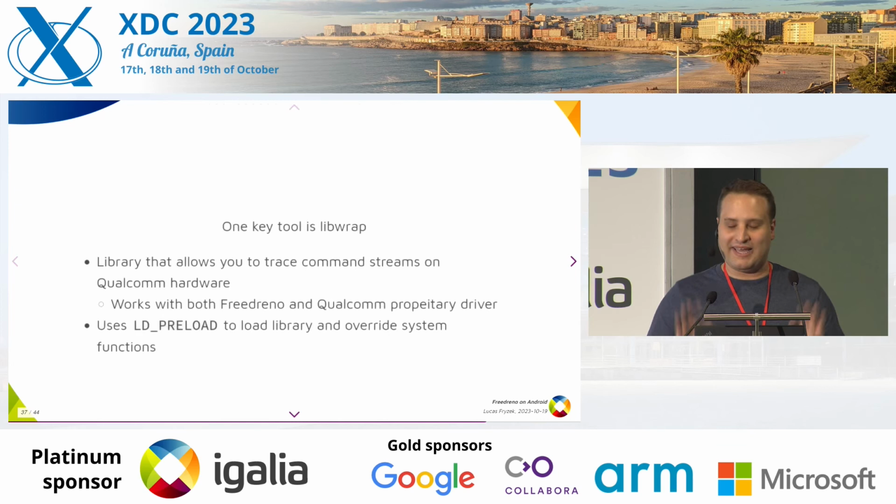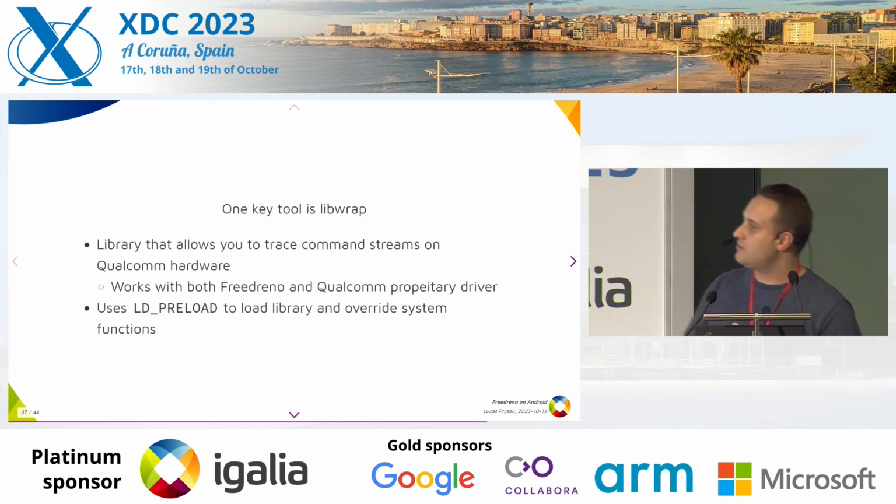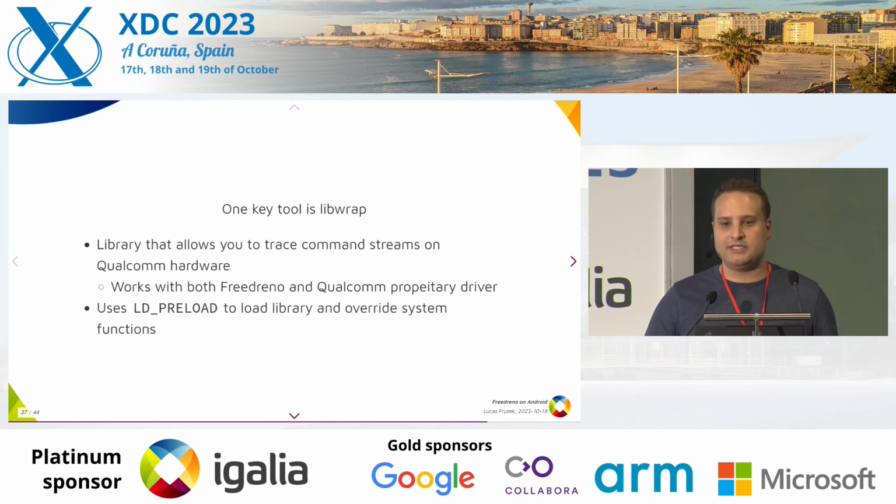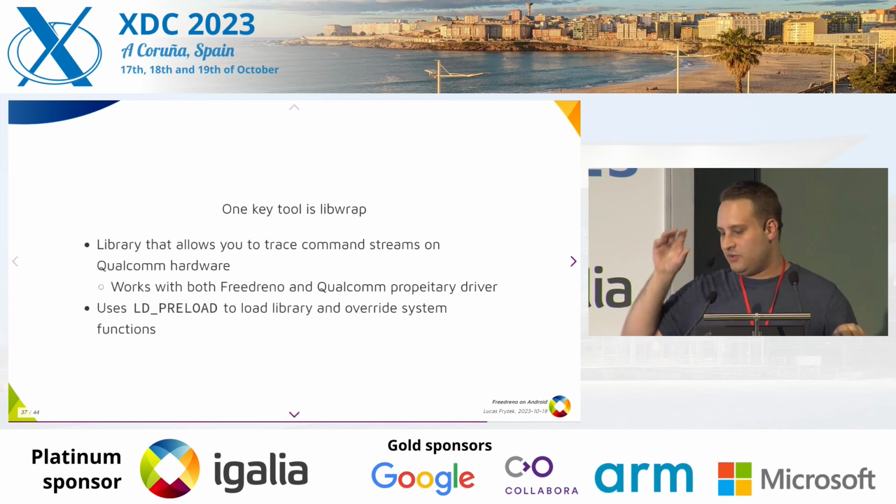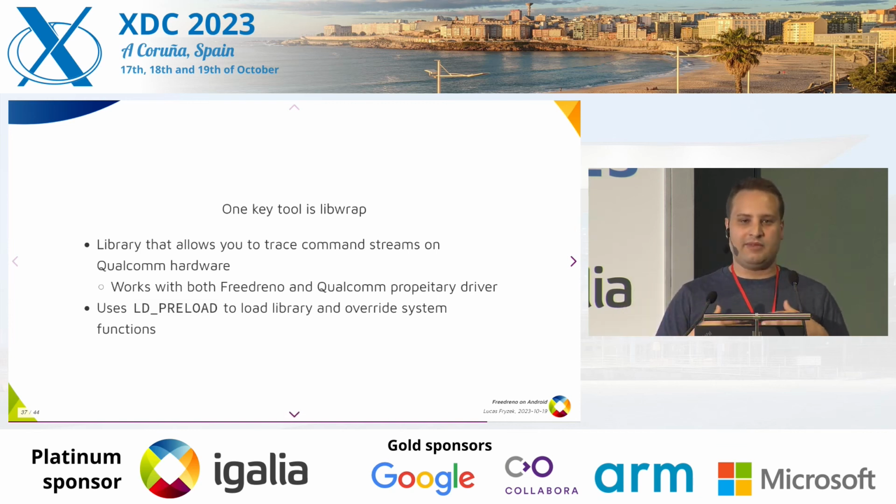In my case, one of the key tools I wanted to use was one called libwrap, which is a library that allows you to trace the commands being submitted to the GPU. It works with both the Freedreno and Qualcomm driver, so you can capture traces of what Freedreno is doing and what the proprietary driver is doing, and start comparing them and seeing where the differences are.